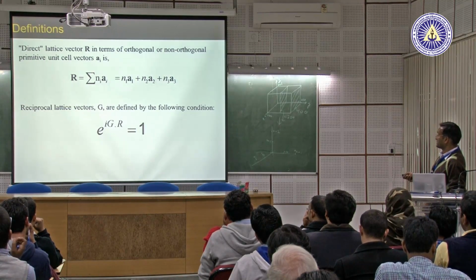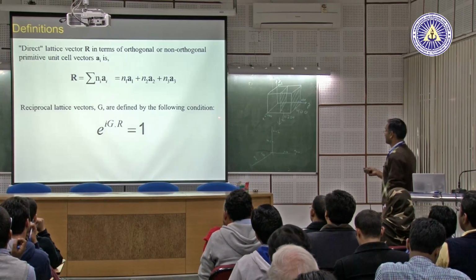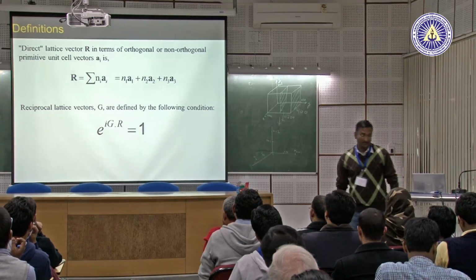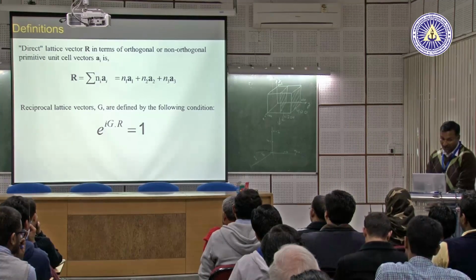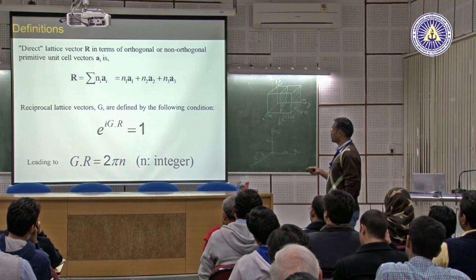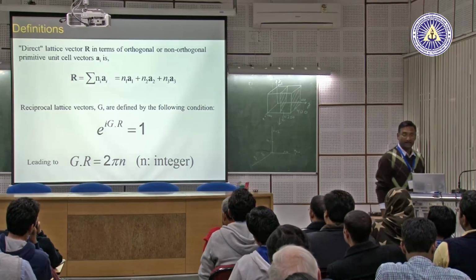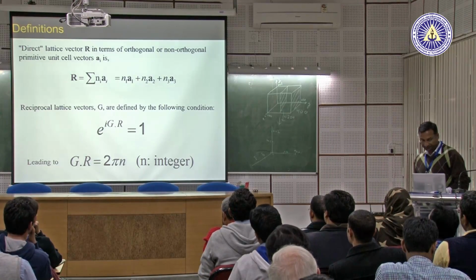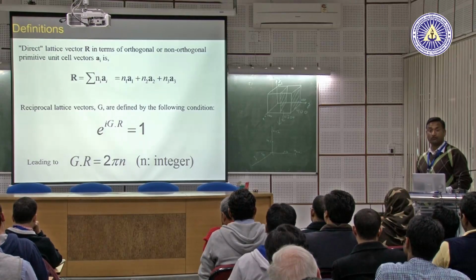And we know that reciprocal lattice vectors G is defined by the condition exponential i G dot R is equal to 1, and this leads us to G dot R being equal to 2 pi n, where n is some number. Is that okay up to this point?